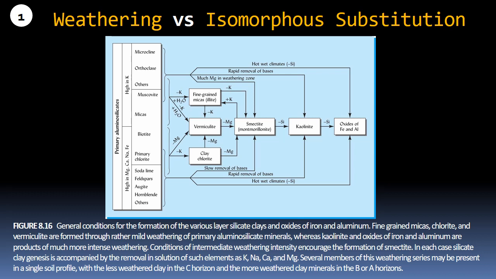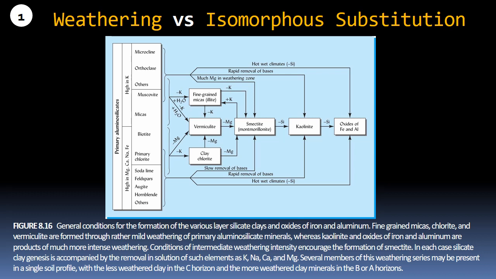And if the weathering continues, you will lose more and more potassium, and that will end up with a smectite, or what we know as montmorillonite. Again, weathering and time would continue, and the soil would lose more things from it, like silicon.